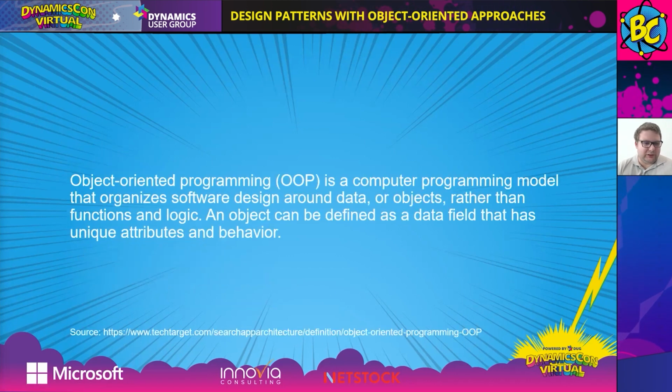So let's start with a little bit general. Object-oriented programming is a programming model where we focus around the data and objects rather than functions and logic. What does this mean? This means that everything we talk about in our programs, we think about in objects.